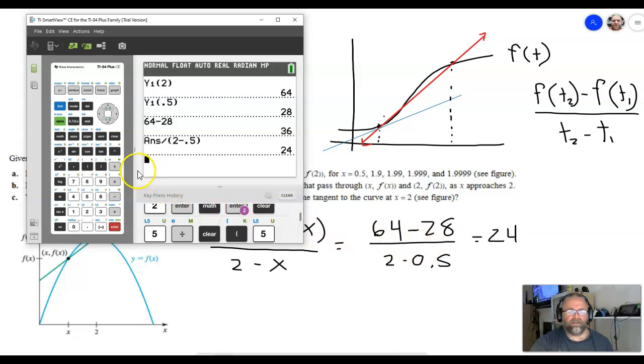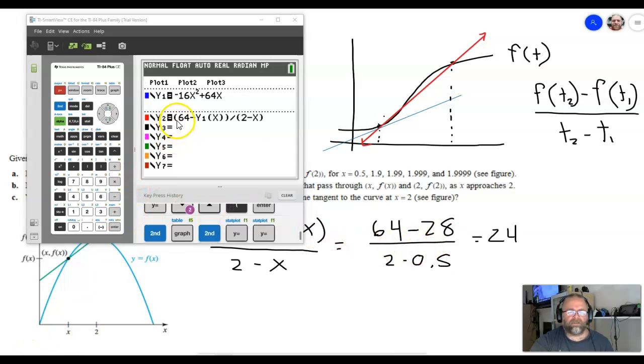Let's go ahead and do that now. What I'm doing now is I kept the same equation under y1, and then for y2, I'm basically putting in this formula here. Remember, f of 2 is always equal to 64. So this is my top up here.